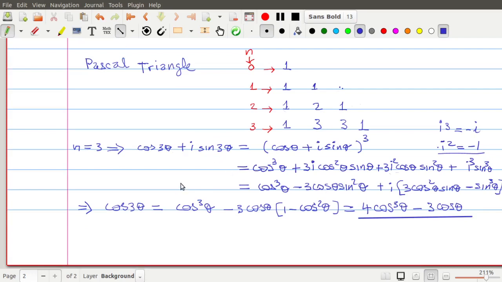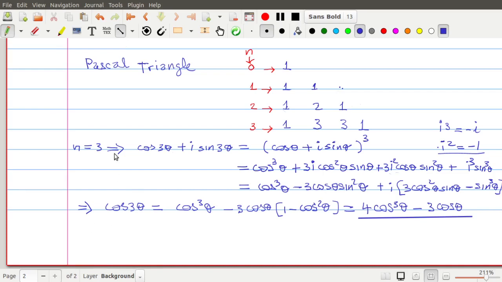Okay, so we can do the same. Sine 3 theta will be equal to this one. So we have already sine cube here, we have cosine square. We can also replace cosine square in terms of sine square and expand. So maybe we can quickly do that.